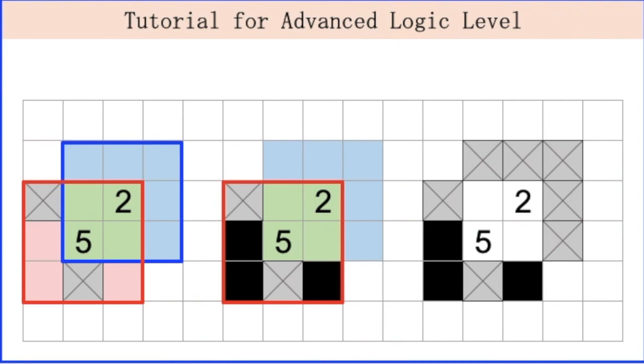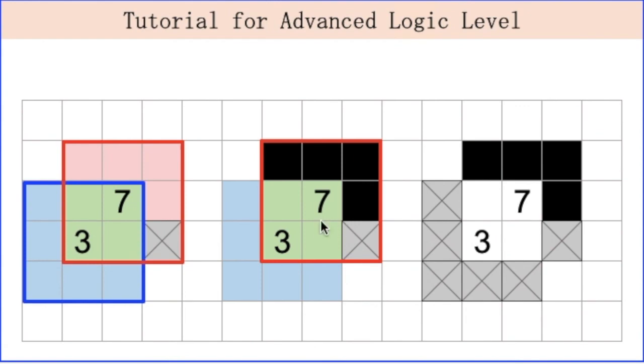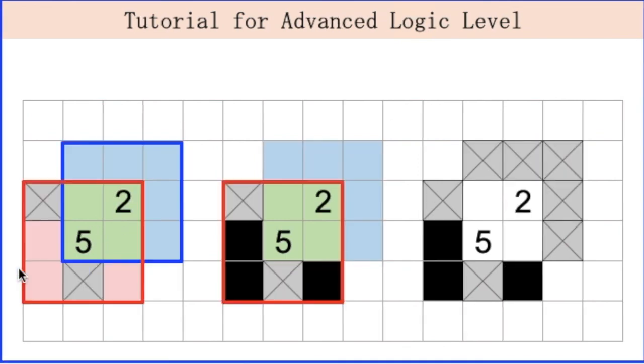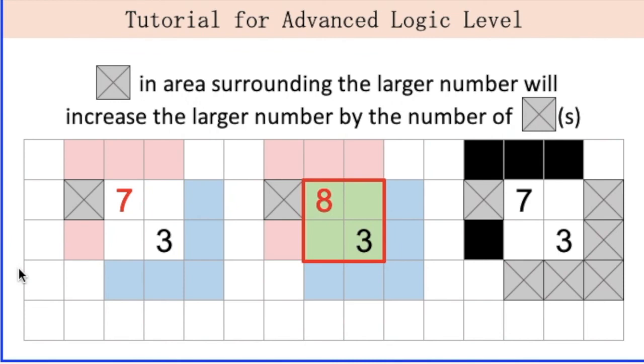That means even though this is just 3 and 7, when you have a gray space in the area surrounding the larger number, that will actually affect this number. And it will affect it in this way.